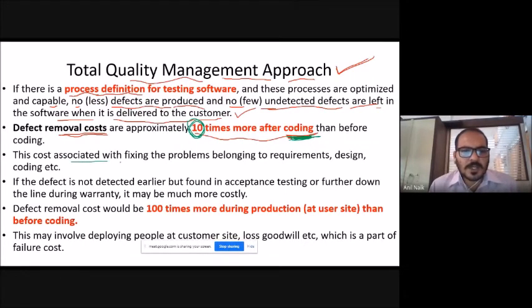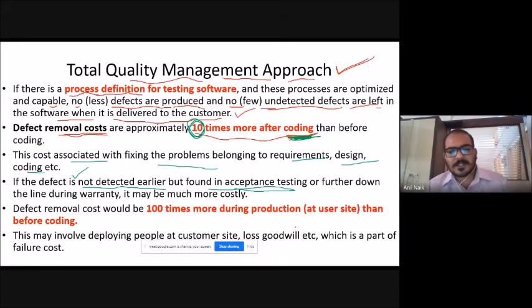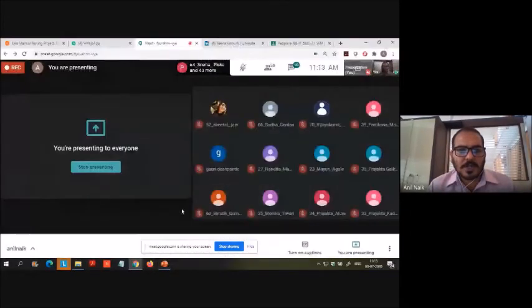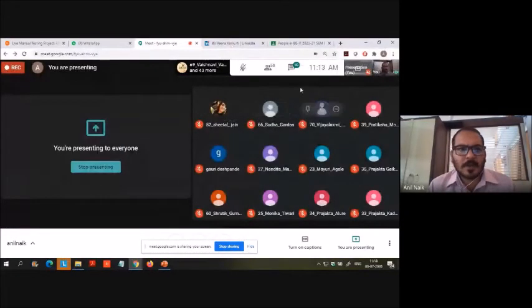This is the cost associated with fixing problems belonging to the requirements, design and coding. If the defect is not detected earlier, and not found while testing after the coding phase, but is found in the acceptance testing, where the user is using the particular software.